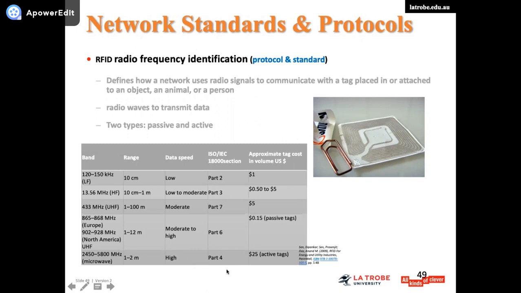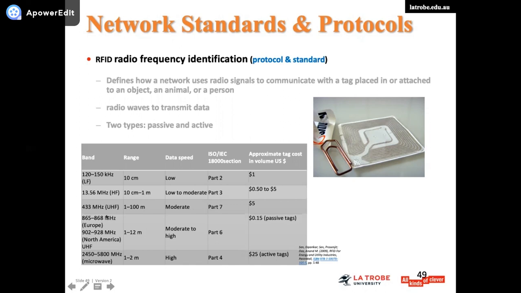But the most popular RFID is working in this frequency band. Why is it like that? You can see the price. The price will tell you which RFID is the most popular one.